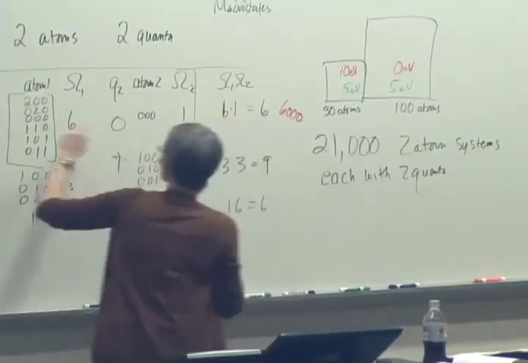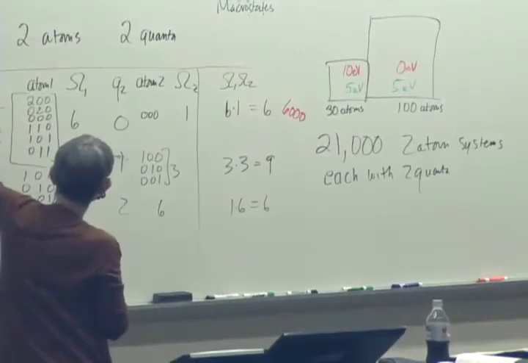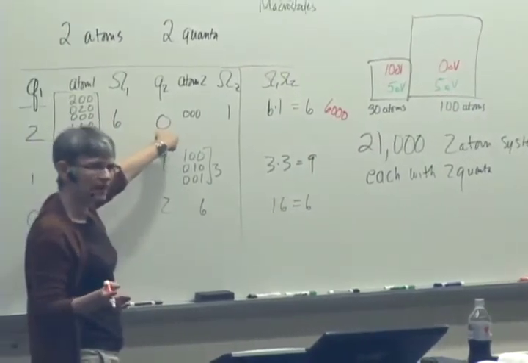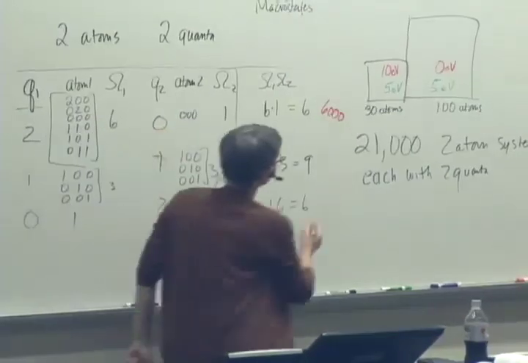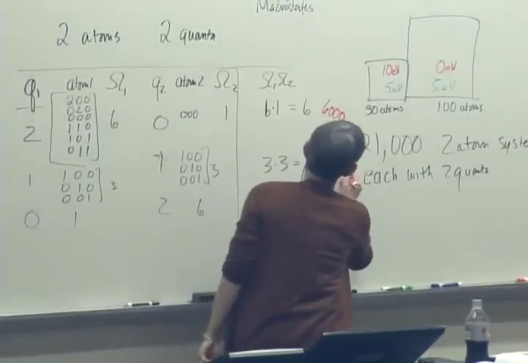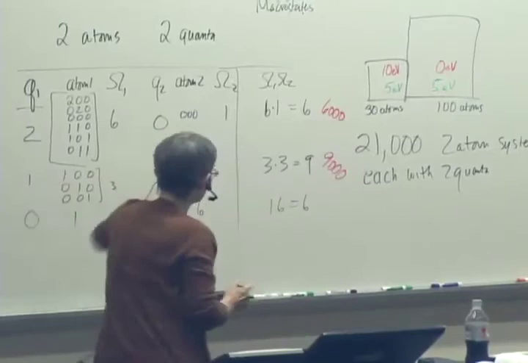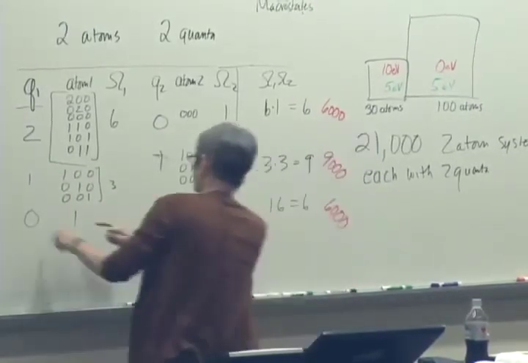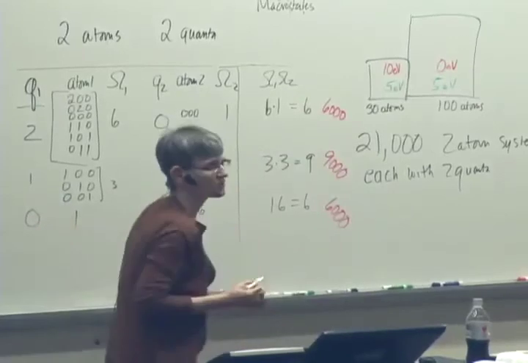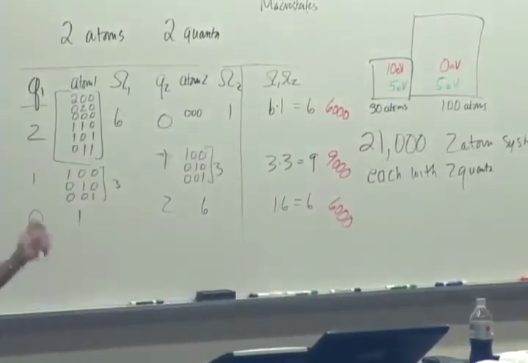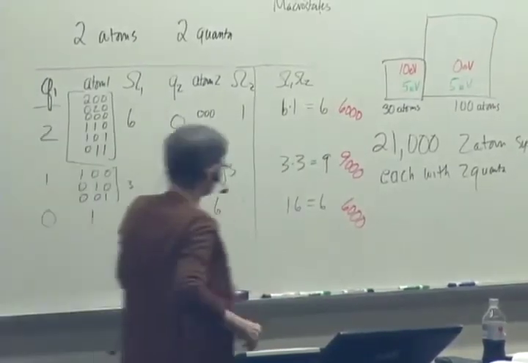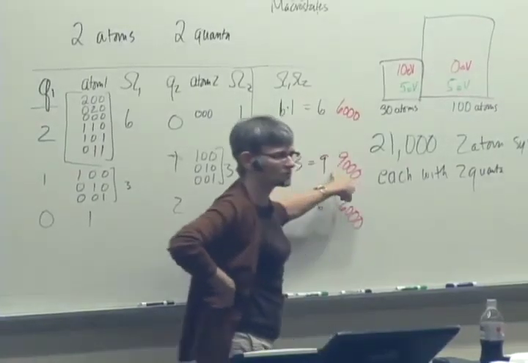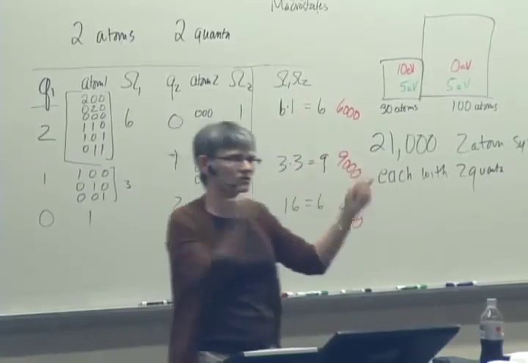6,000 of them that have 2 quanta in atom 1 and none in atom 2. And I'd expect to see about 9,000 of them that have 1 and 1. And I'd expect to see about 6,000 of them that had 0 and 2. So that's what we mean by the most probable. There'd just be more of them in the picture in which the energy was shared equally.